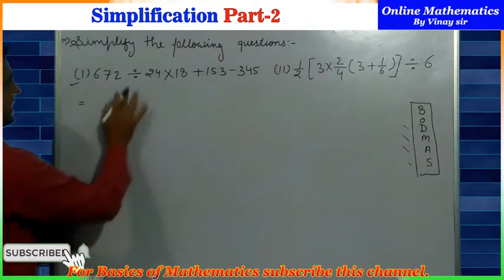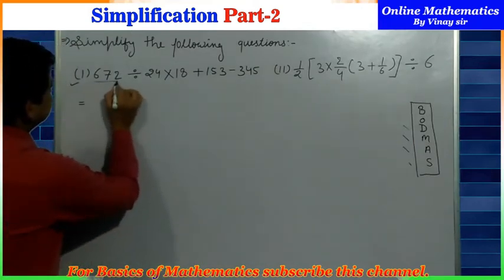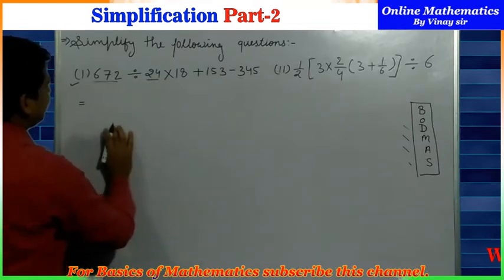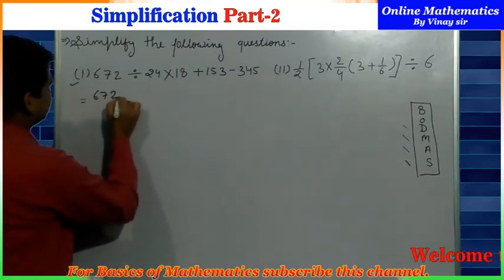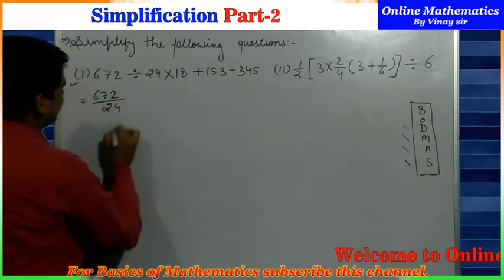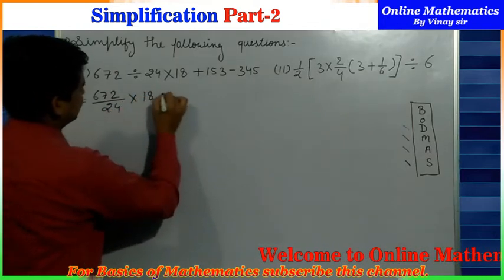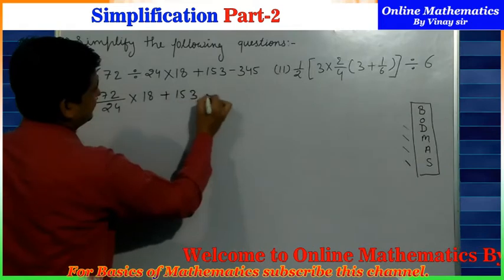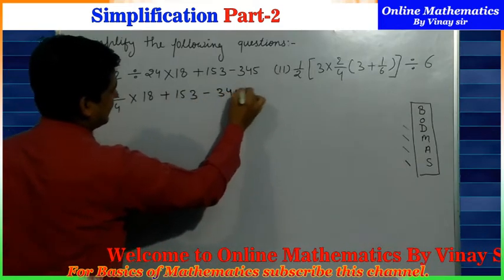First of all we have to divide 672 by 24. So 672 divided by 24 multiplied by 18 plus 153 minus 345.